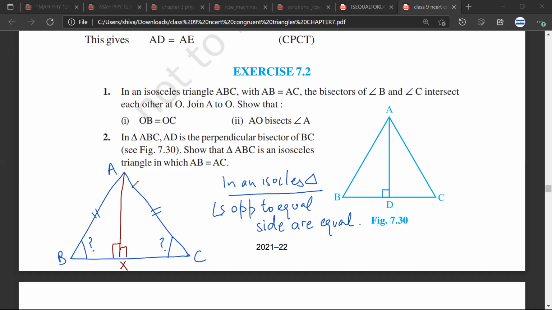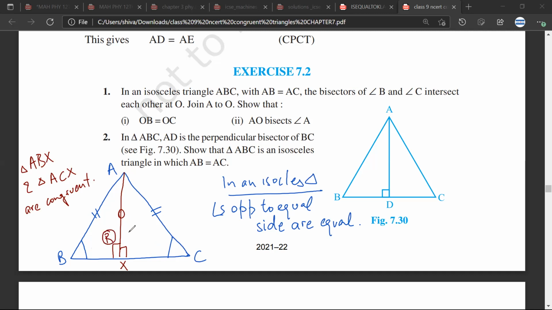Mr. Sarthak, can we prove that triangle ABX and triangle ACX are congruent? Can we prove this? Yes, sir. How? So AX will be the common side, and then angle AXB and angle AXC will be congruent.